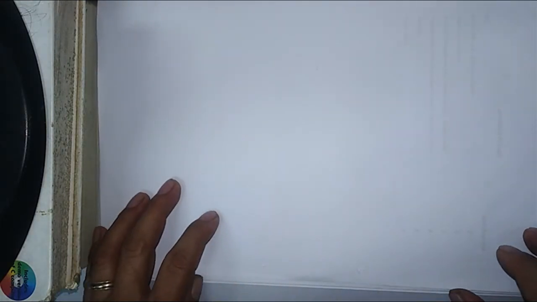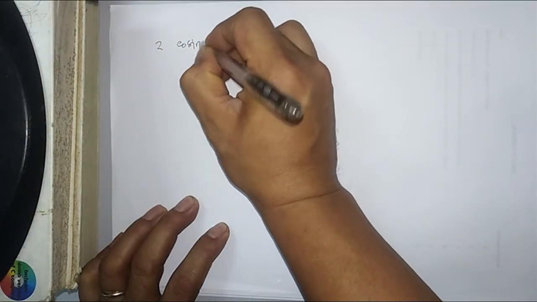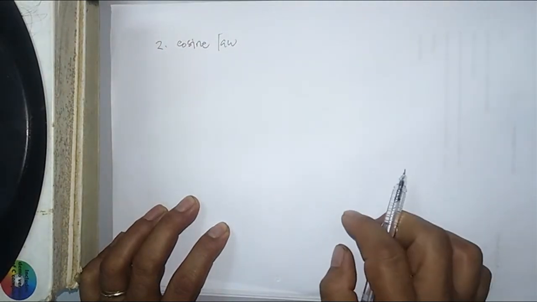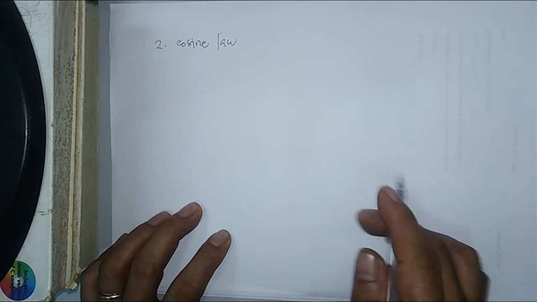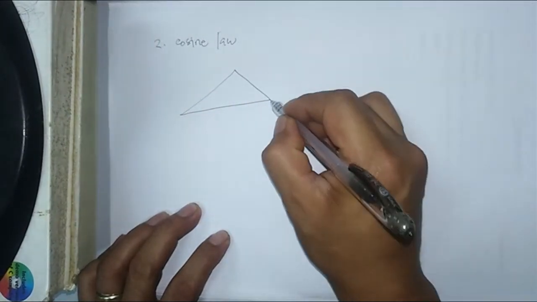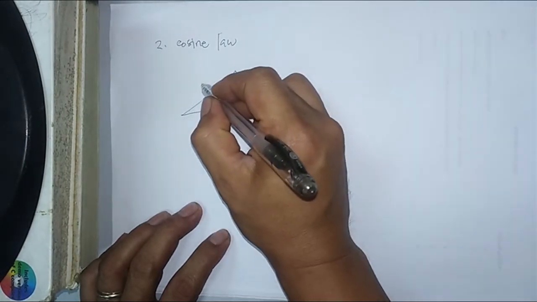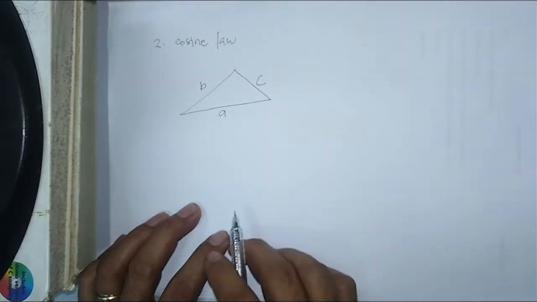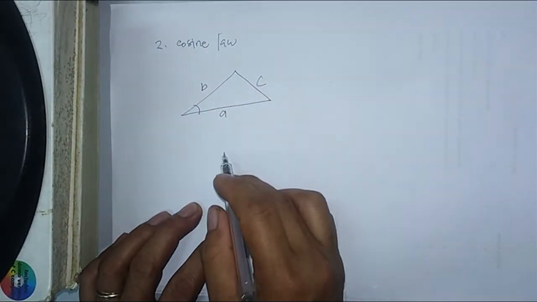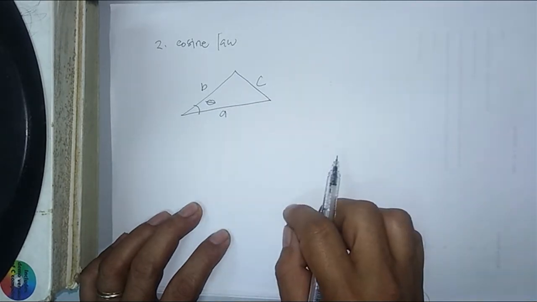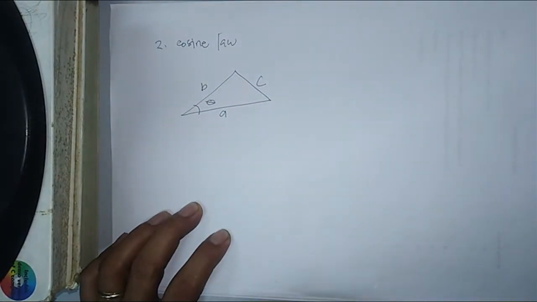Now let's go back to our topic under cosine law. Can you still recall your cosine law under trigonometry? If you have a triangle with sides A, B and C, and the angle here is equal to theta, then to solve for C we need an equation under the cosine law.